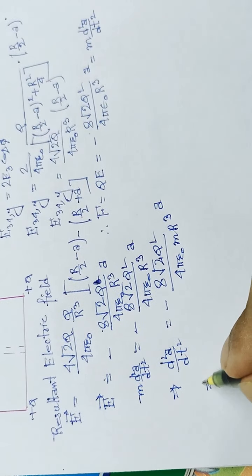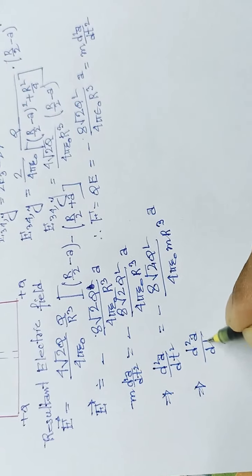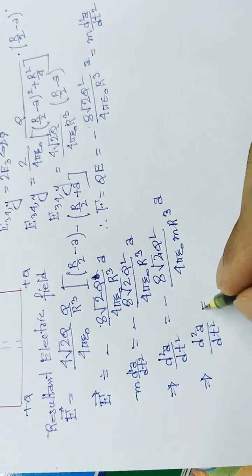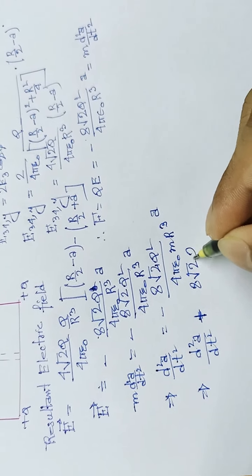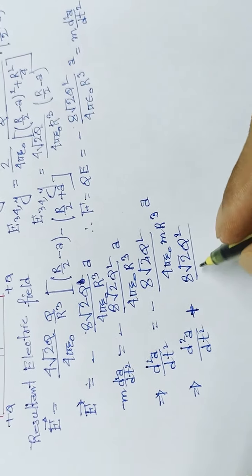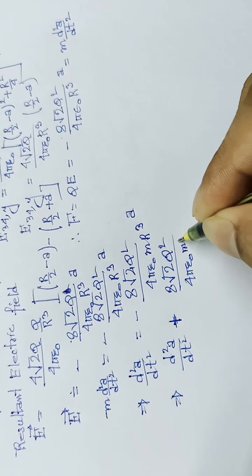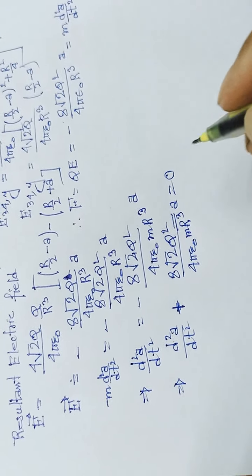So this equation will become d2A with respect to dt square plus 8 root 2 Q square divided by 4 pi epsilon naught m R cube into A is equal to 0.